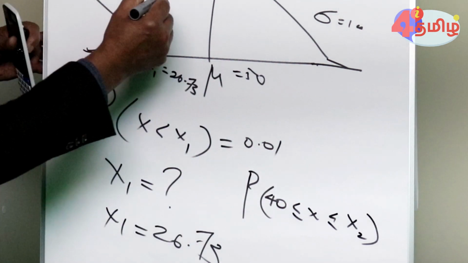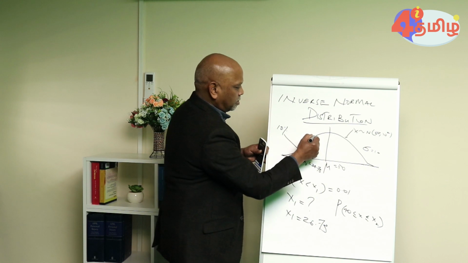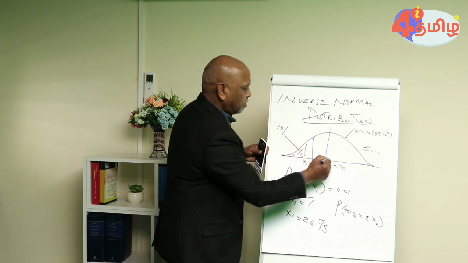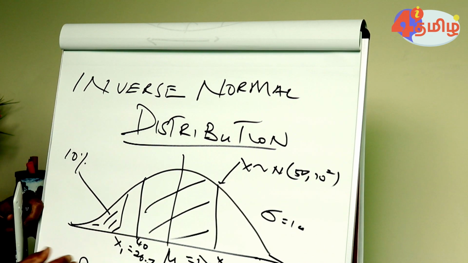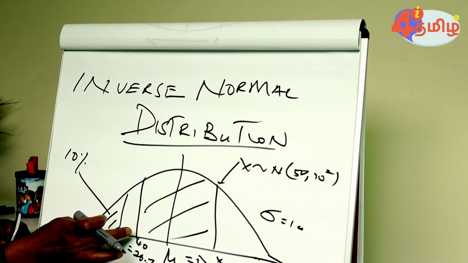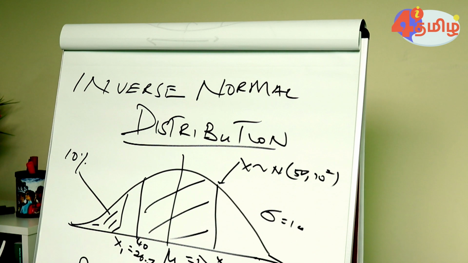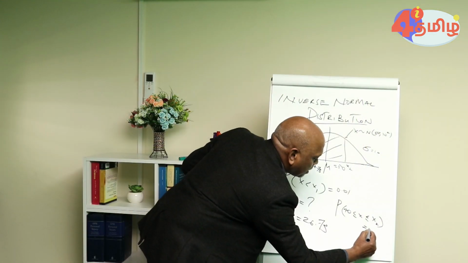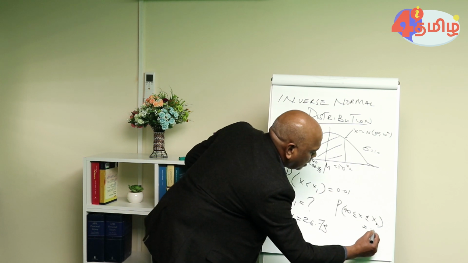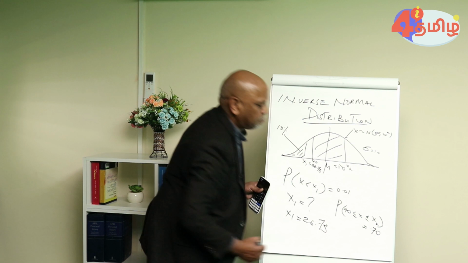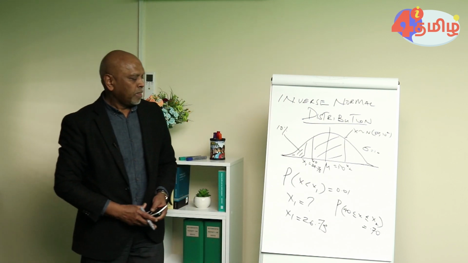Say this is 40, and we don't know x2, and they have given the area between 40 and x2, say 70%.